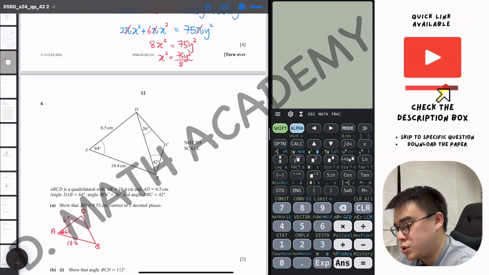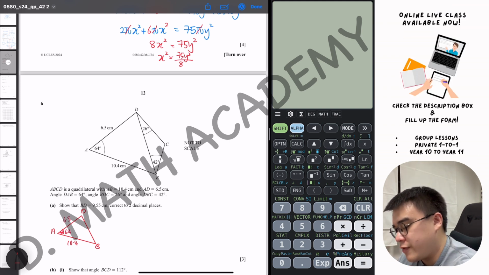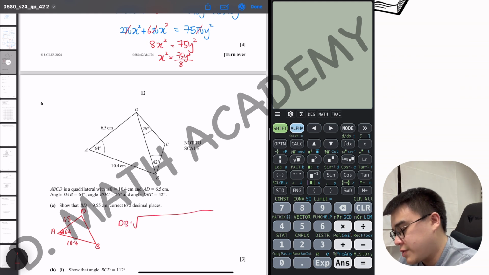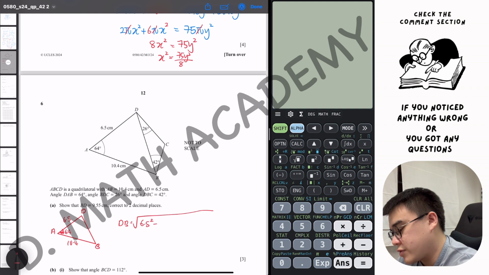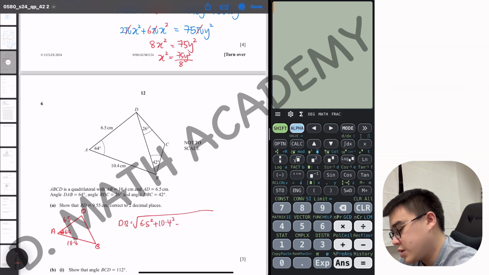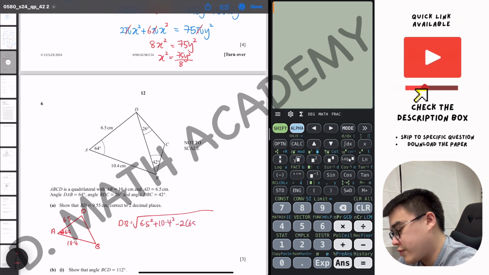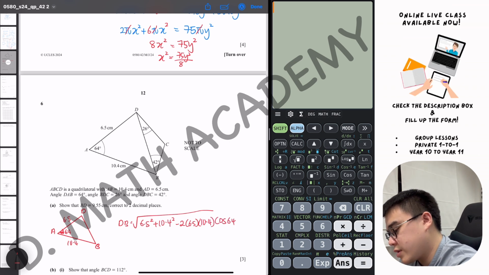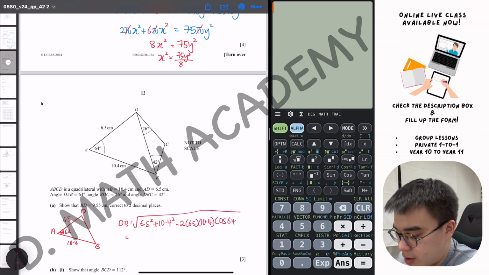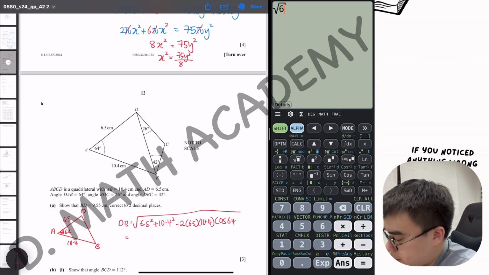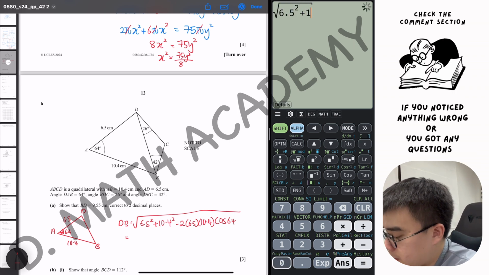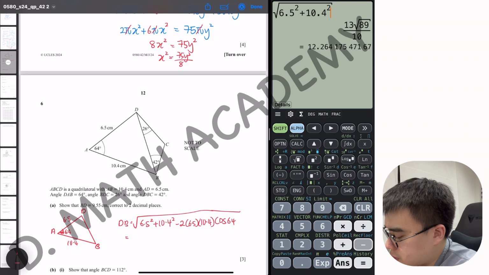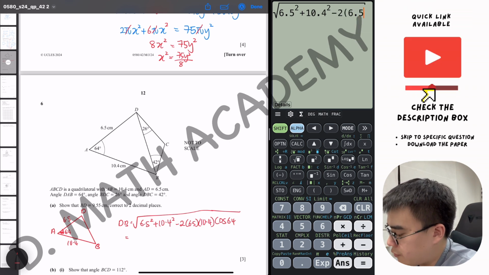So just use your BD formula, equals the square root of 6.5 squared plus 10.4 squared minus 2 times 6.5 times 10.4 times cosine 64. Okay, that should be it.